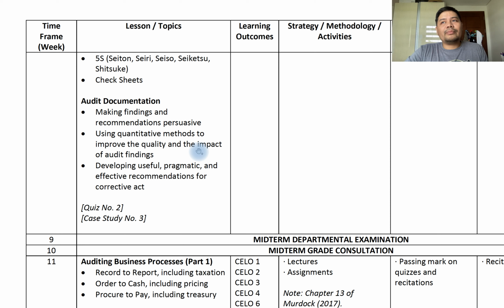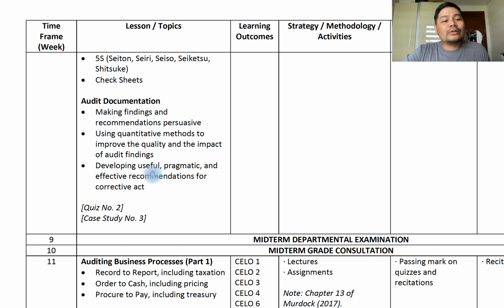Baka kasi mamaya pura lang tayo sulat ng findings, pero kung we can present it in quantitative na madaling maintindihan or comprehensible sa ating stakeholder, then good. And through quantitative measures, we can know what its impact to the company. Pwedeng in terms of penalty, the financial loss, yung mga tipong ganon.